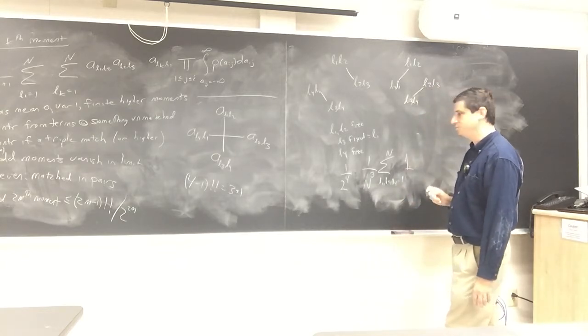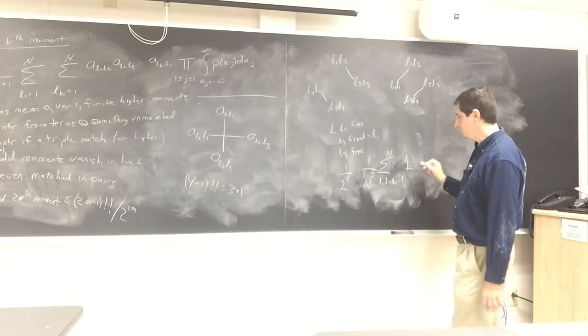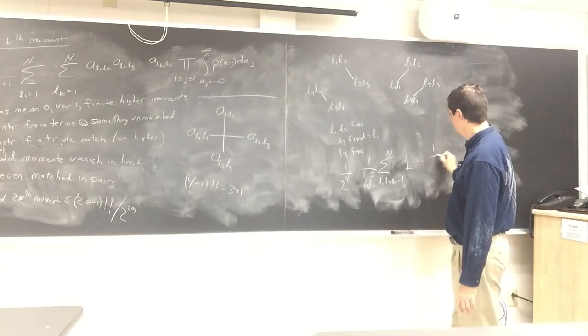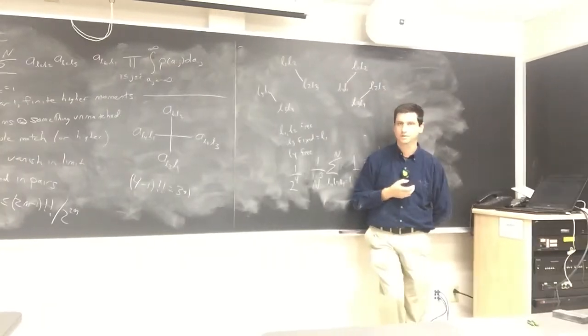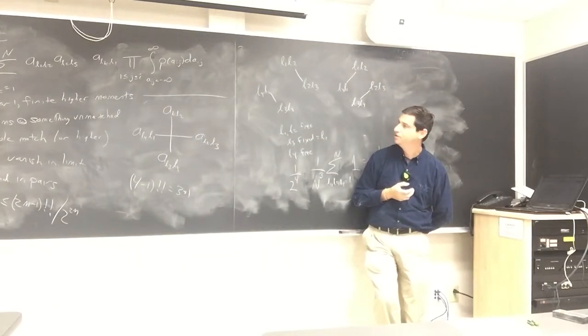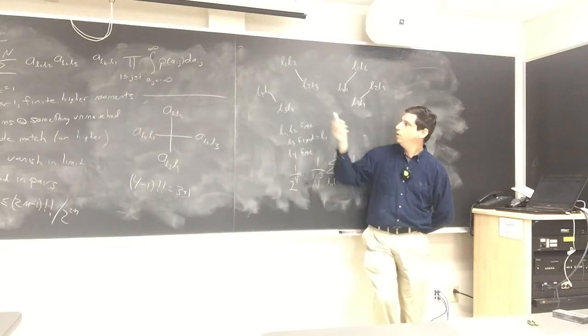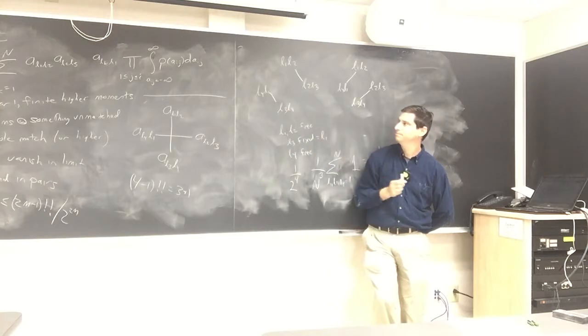And all those will have contributions of 1. And so this will give us 1 over 16. Okay. There's a very small subtle thing which we should mention. What if L4 equals L2?